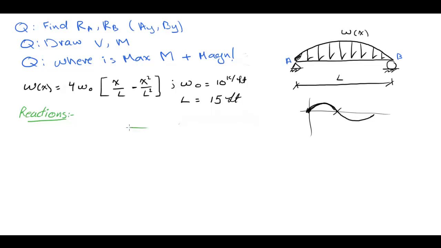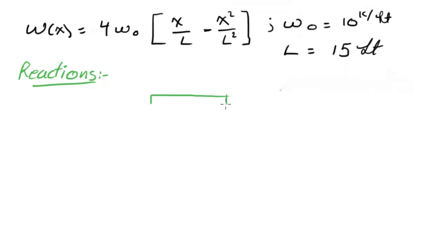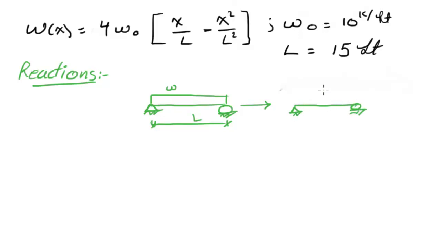Remember, if I have a uniformly distributed load like this one, w and L, I can change this, to find the reactions, to a single force with a magnitude of wL, and it's acting at the centroid.